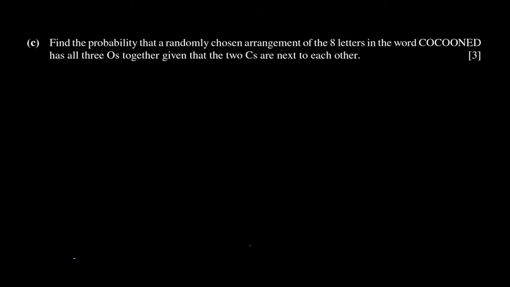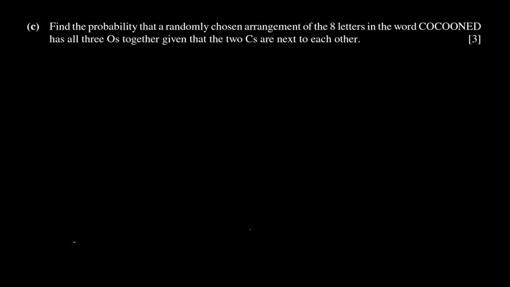I want to find the probability that a randomly chosen arrangement of the 8 letters in the word cocooned has all 3 O's together, given that the 2 C's are next to each other. So what we've got here is conditional probability. We've got a given that. I think a helpful thing to do is to define the events.